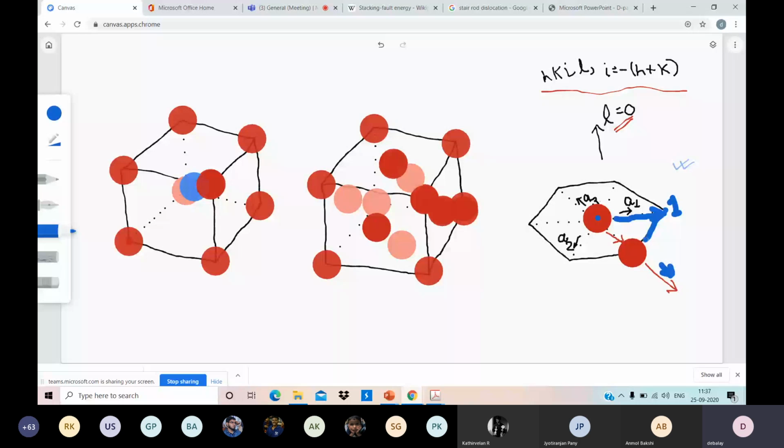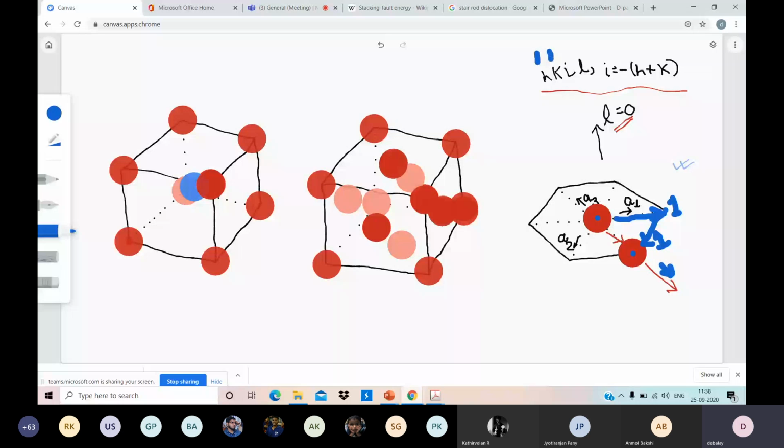So again it is 1. So H equal to 1, K equal to 1. Automatically what does I become? -2.